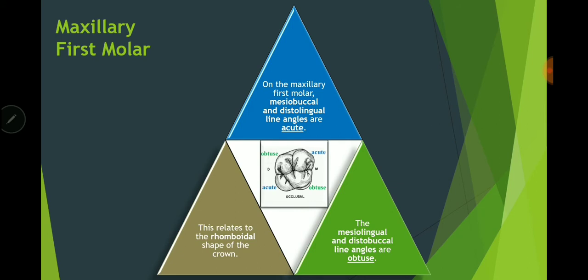Okay, so the mesial buccal. So which one is mesial? Which one is lingual? This is lingual. This is buccal. Okay, so mesial lingual.